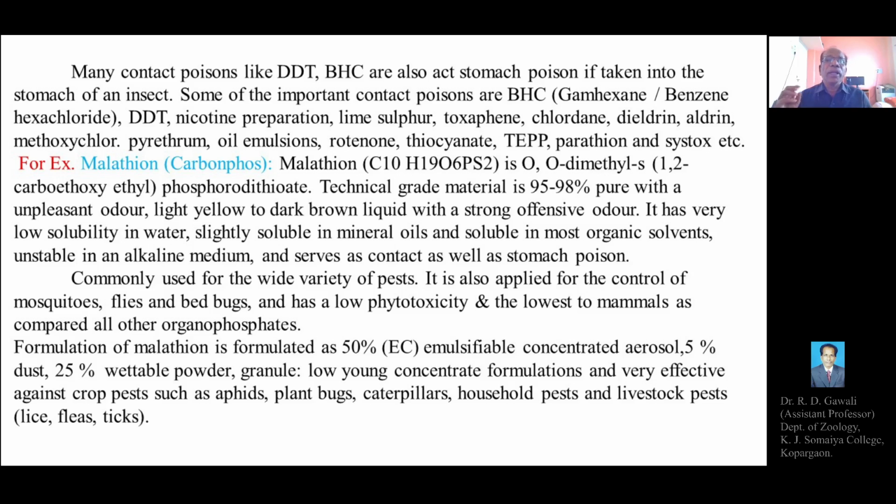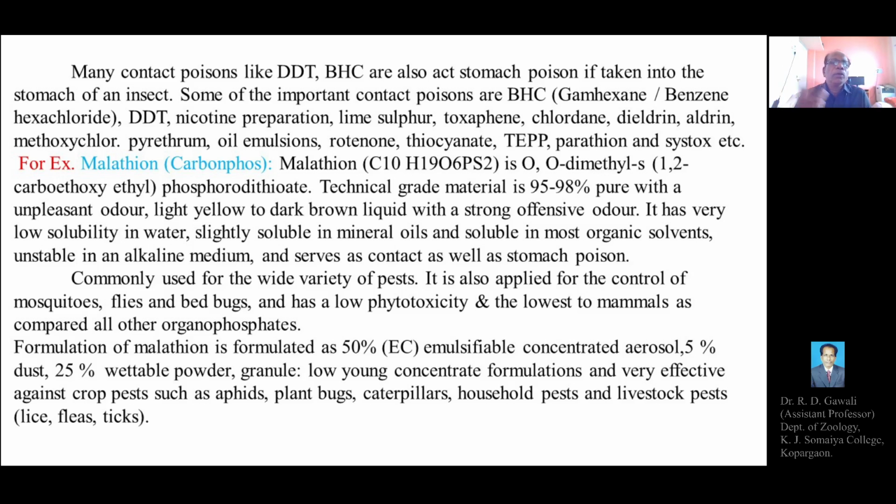Malathion is a technical grade material, 95 to 98% pure. It is a light yellow to dark brown liquid with a strong, unpleasant, offensive odor.